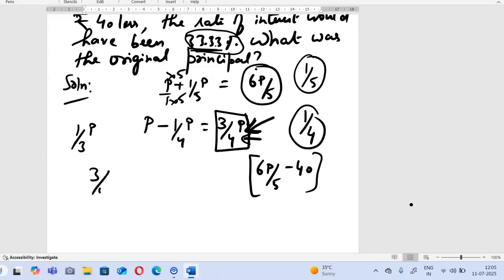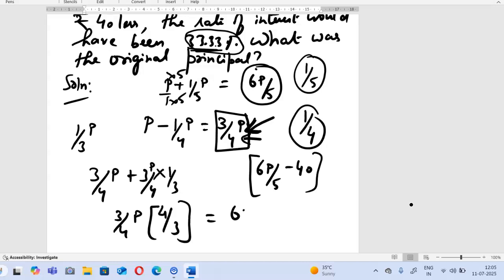That means 3/4P plus 3/4P times 1/3, that is 3/4P into 4/3, or 1 plus 1/3, which is 4/3. So this is equal to 6P/5 minus 40.